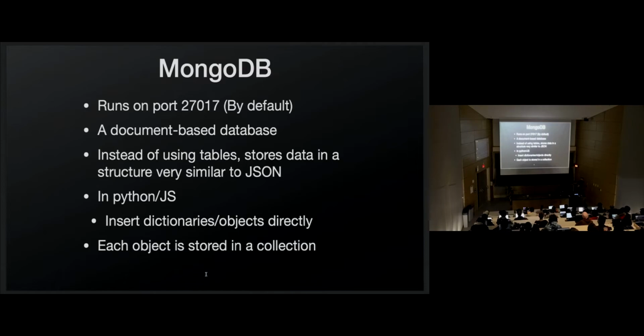So the difference here is that it's going to be a document-based or unstructured database. When you insert data into this, if you're using Python or JavaScript, you just stuff your objects and dictionaries in there. If you're using Python and you've got a dictionary, and that dictionary might have nested data structures, there might be a key for orders, for example, using my other example, that has a list of objects, or a list of dictionaries that have other information, a very complex structure.